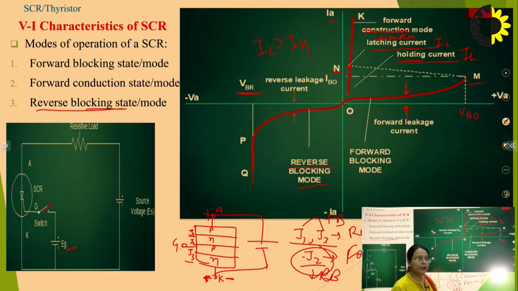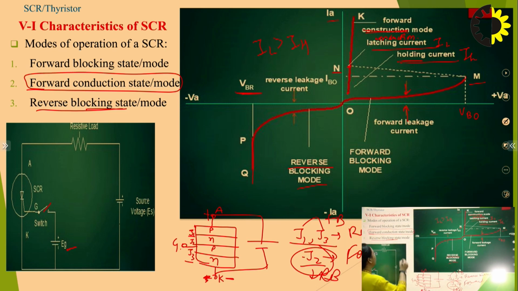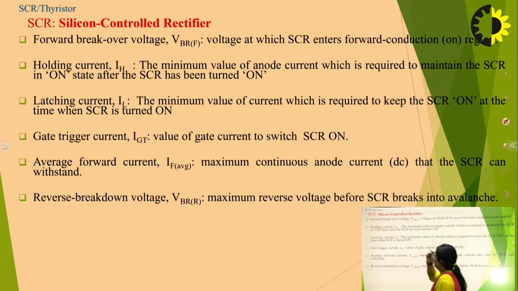So these are the three modes of operation of the SCR in the VI characteristic, in which only the forward conduction mode can be called the on state of the switch, while in the other two modes the device will behave as an off switch. I have written the definitions of the terms that I have used in the characteristic.